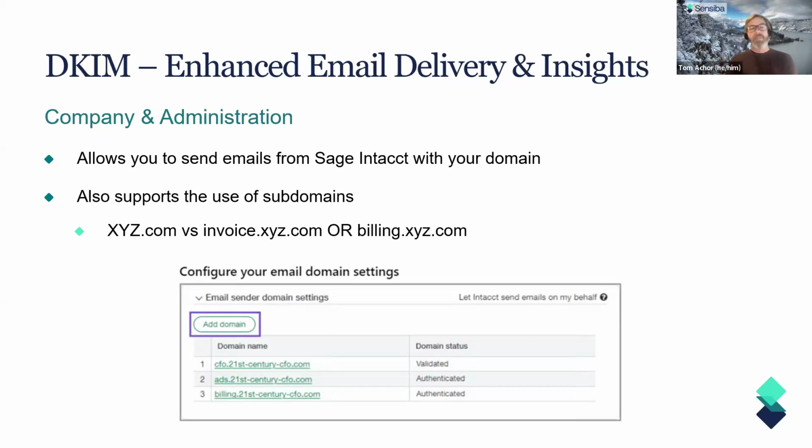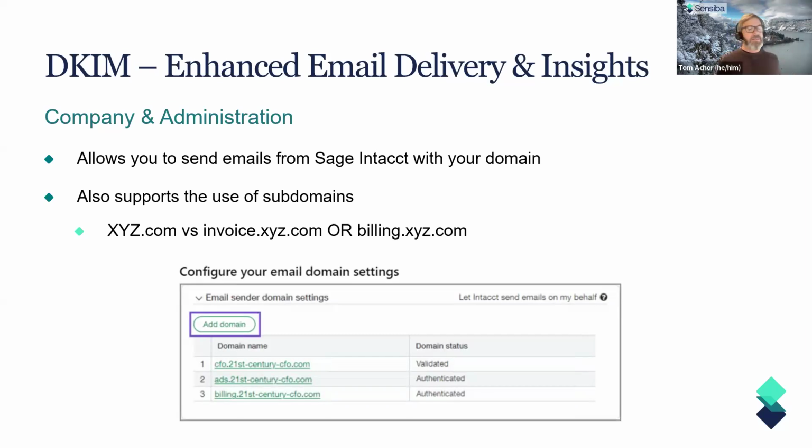What the DKIM process enables you to do is validate and authenticate those domains within Sage Intacct so that the emails get sent with the correct domain tagged on them. There is setup required for this, and only part of it is in Sage Intacct.